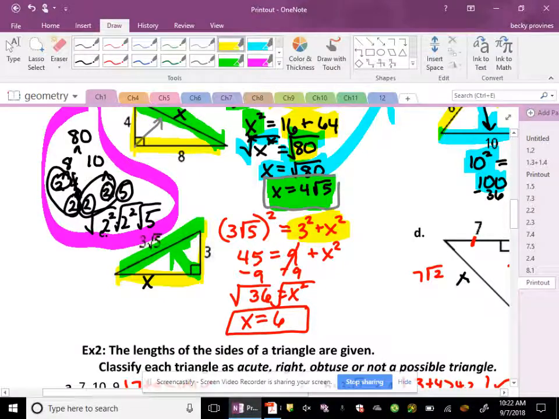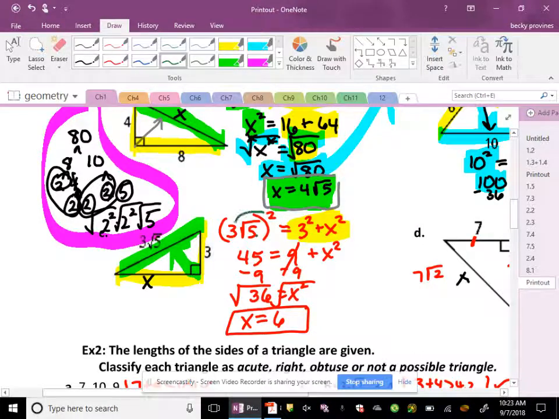So when you type this into the calculator, you have to use parentheses. Otherwise, you're going to get the wrong answer. And this happens every year, and people don't want to use the parentheses, and then they miss the problem. So, I mean, you can try it. If you type in 3 root 5 squared, it only squares the 5, but you want it to also square the 3.